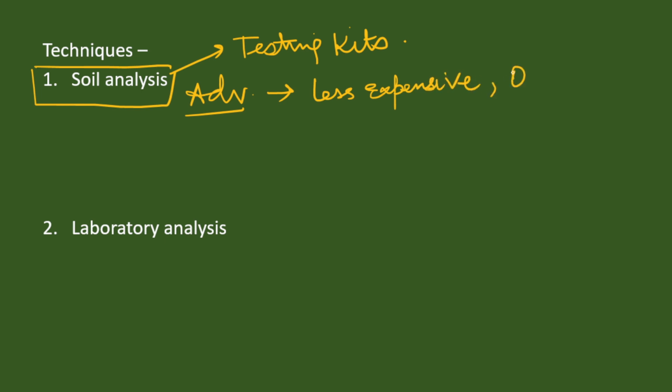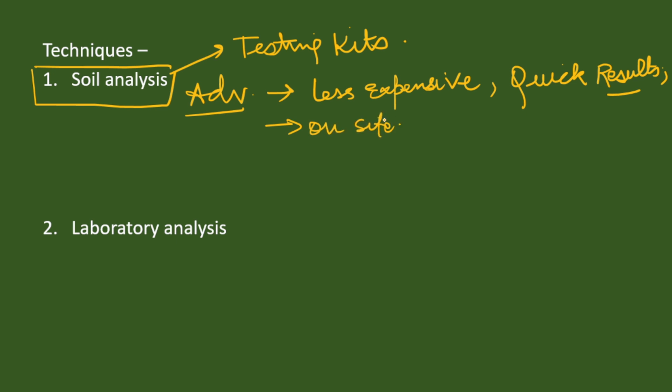It can give you quick results. Many times the testing kits are developed so that by applying some amount of soil, in a few seconds they will give you the results, and it can be done by ourselves on-site.